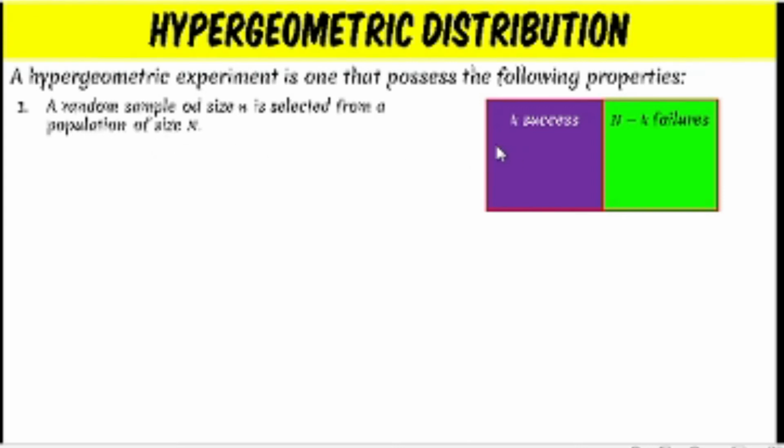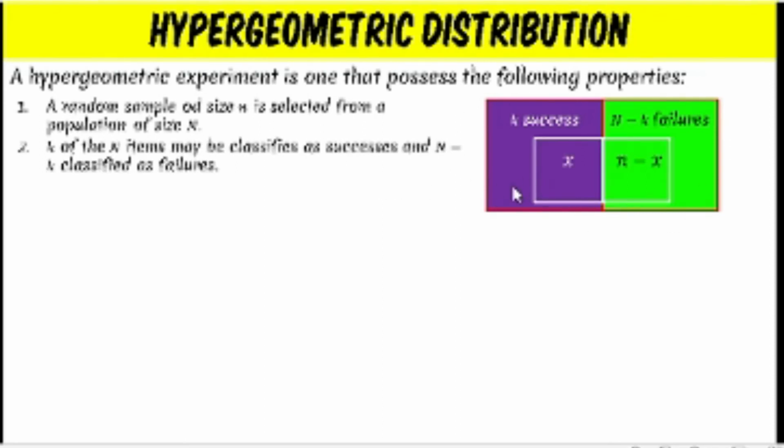I have prepared here a visual that would help us imagine what we mean by the different properties. So imagine that this box here is the size of our population. So this is of size N. And from our population, we're going to identify a sample of size small n.